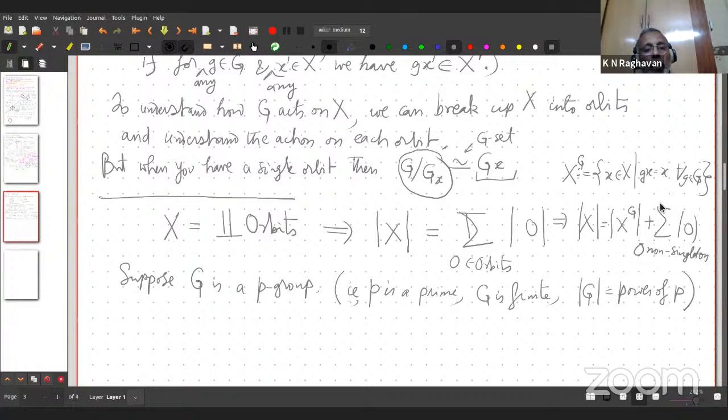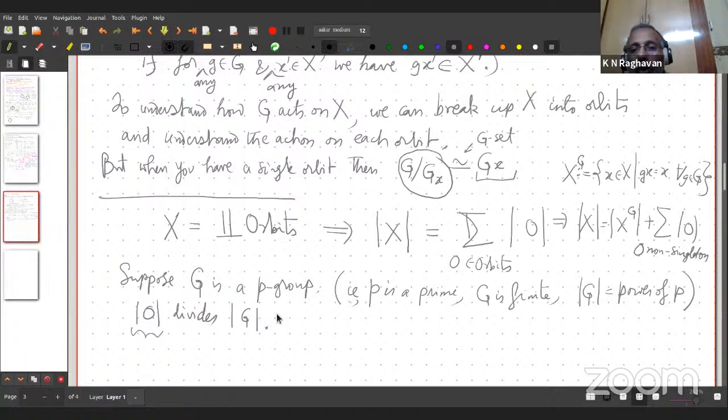But now observe that the cardinality of O divides the order of the group. We have seen that the cardinality of any orbit divides the order of the group.